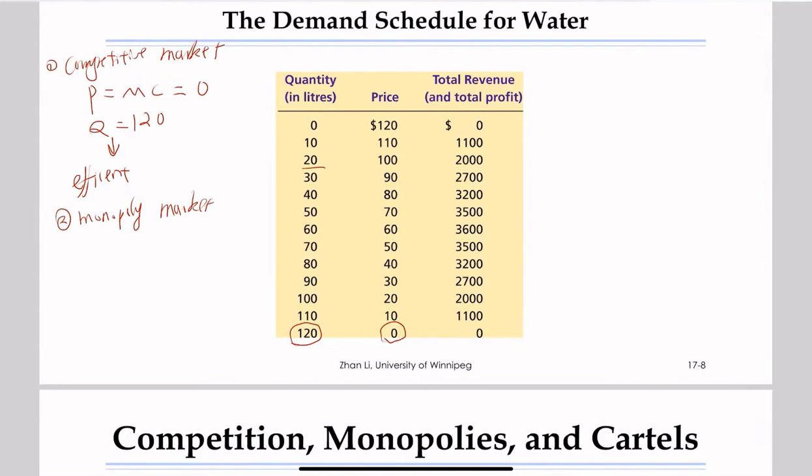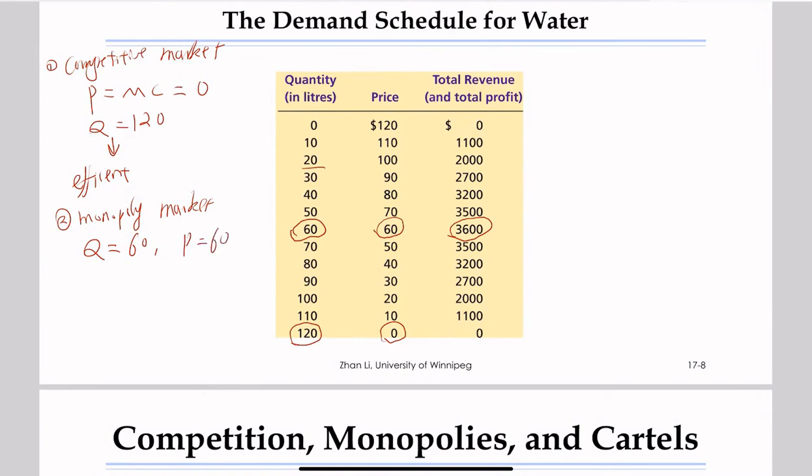What we're doing here is we will just look at this firm's profit at different quantities. You can see that the quantity of 60 gives you the largest profit. So this is actually pretty simple. It tells us the quantity which maximizes the monopolist's profit should be 60. And the price, we can read it from the demand curve, which is 60.